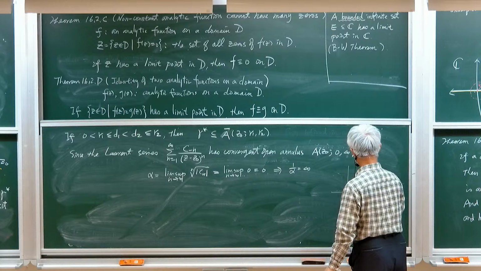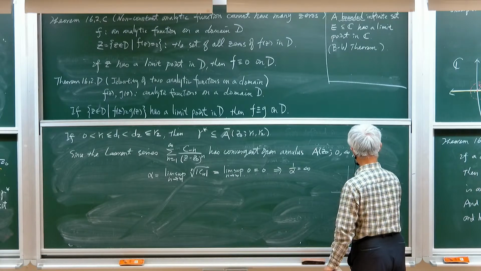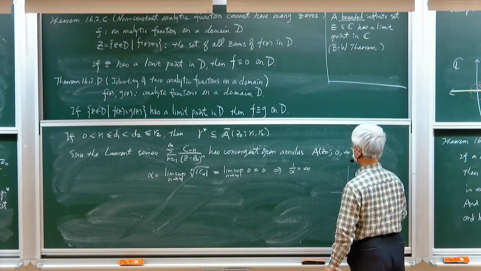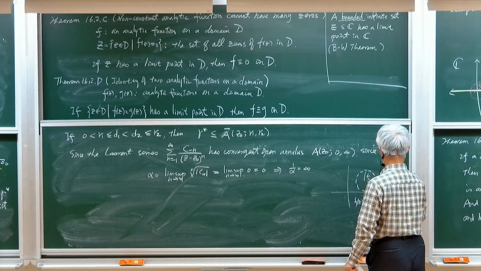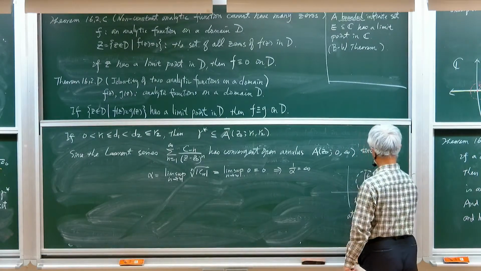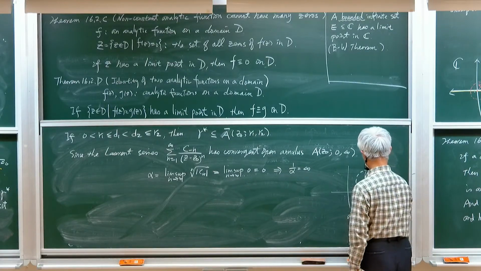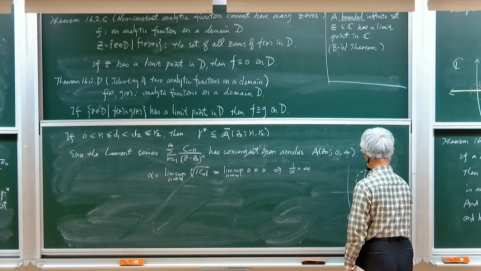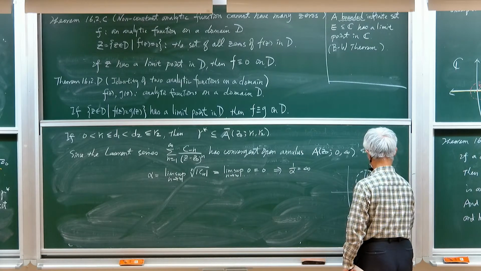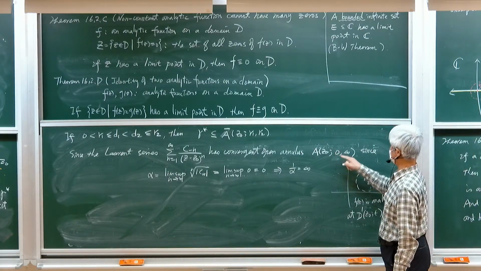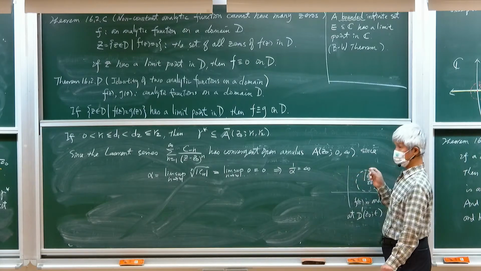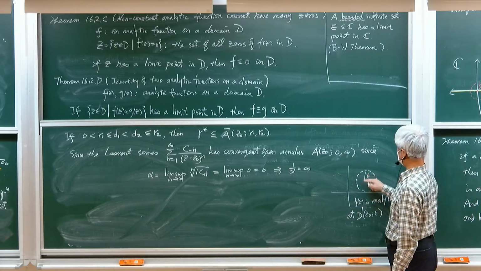So as a pole, it has a neighborhood. So f of z is analytic in the punctured disk. So that's why beta is 0. Otherwise, if beta is not 0, then it should diverge, right?